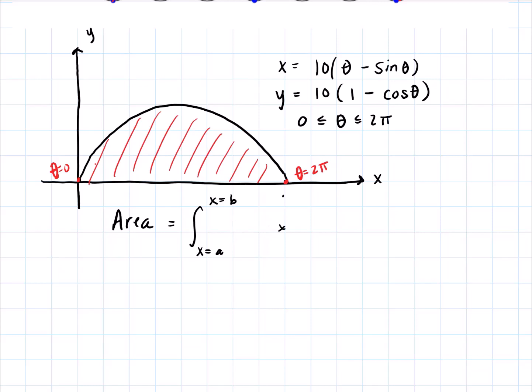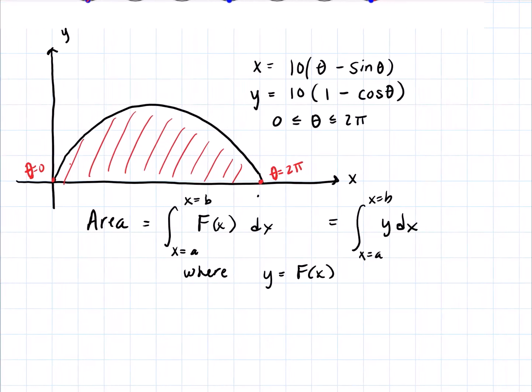Well, let's write it this way first. It would be some capital F of x dx, where y equals capital F of x. So we could write that as the integral from x equals a to x equals b of y dx. Okay? That gives me my start.